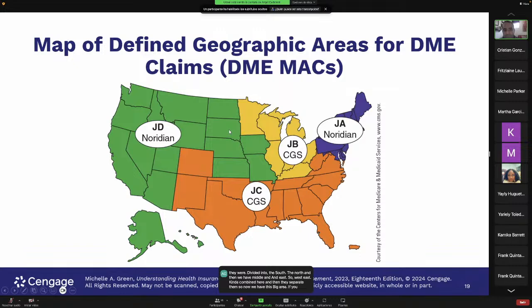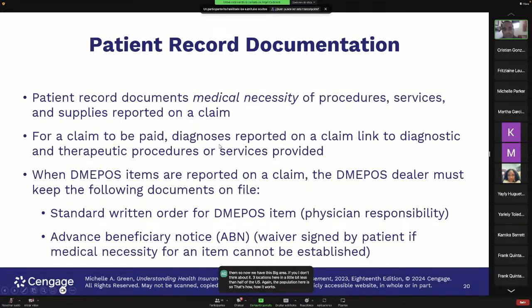If you think about it, 3 locations here in a little bit less than half of the U.S. Again, the population here is a lot more. So that's how it works. We're kind of lucky that we could do it, and it works pretty good. A lot of the offices are local to us, so that's kind of interesting.